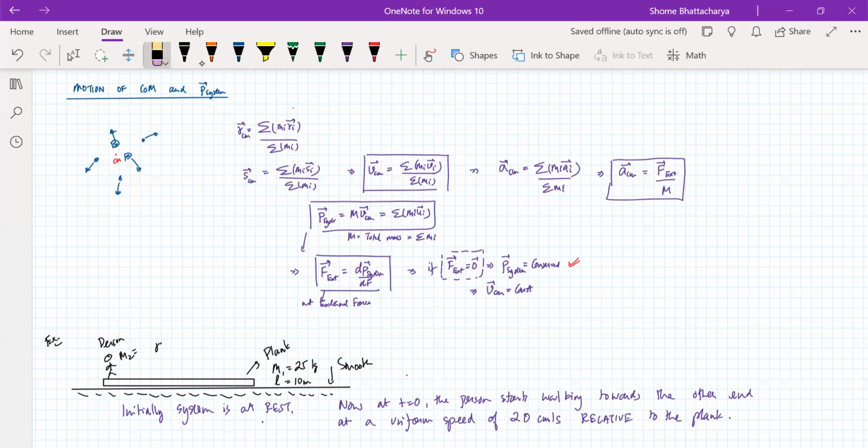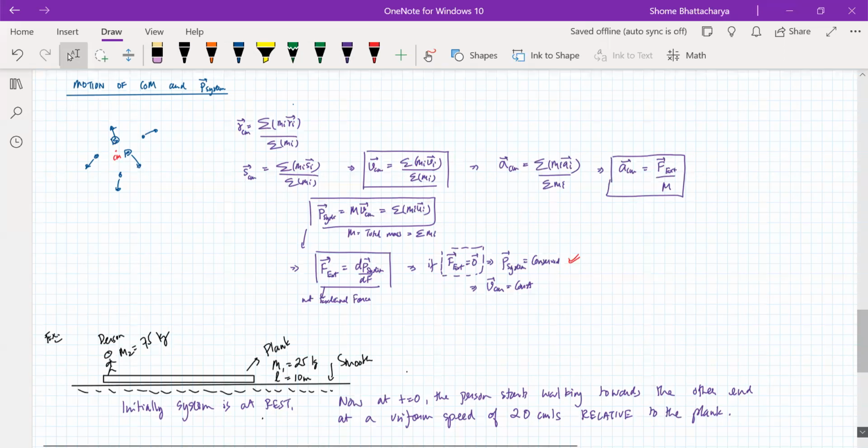Make this question a bit easier by taking his mass to be 75 kg. Numerically, it will be easy. So he starts walking at a speed of 20 centimeters per second, but relative to the plank.